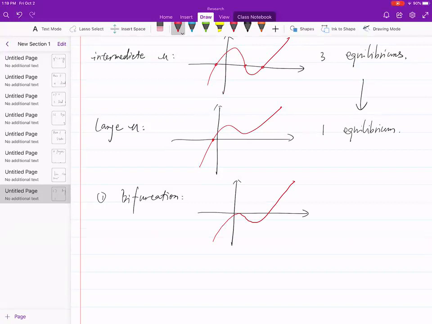So what happens to this one? That's exactly when f y equals 0 and f prime y equals 0. Good so far?